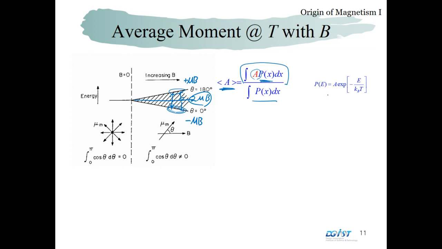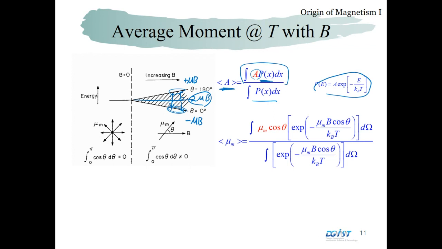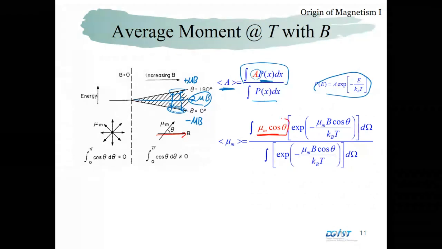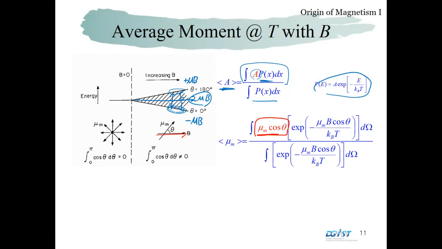So we already know the P. And for the quantity, we want to calculate the direction of the magnetic moment relative to the given field direction. So we want to calculate the projection of mu onto the direction of the field. And here the energy E is the potential energy of this term.